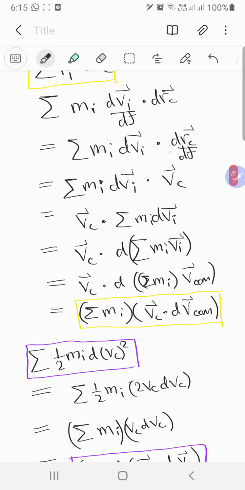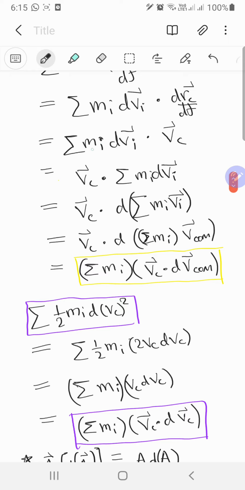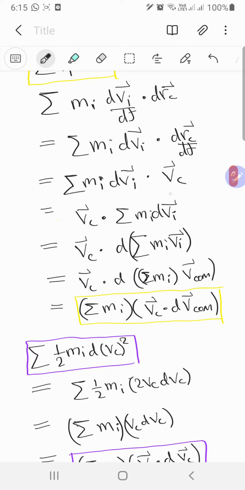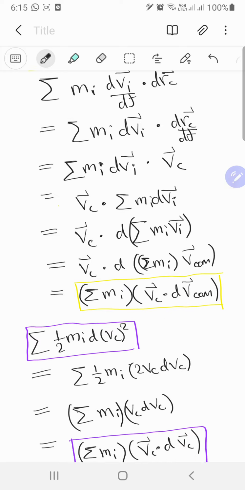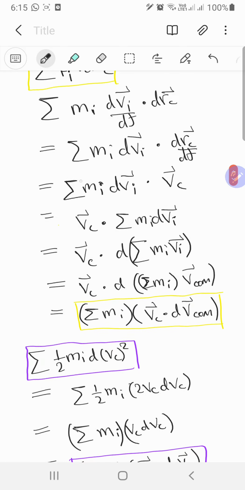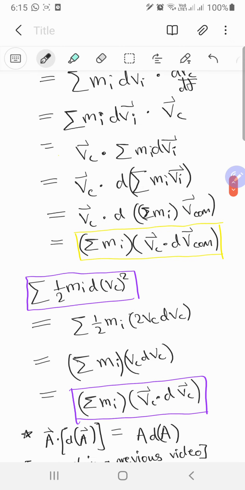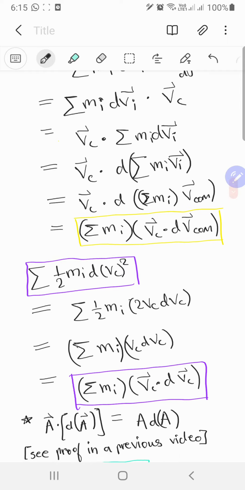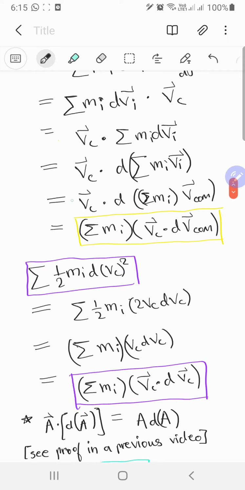And then using this definition, we can write it as the summation of mi dvi bar dot vc bar, and since vc bar is a constant for this particular summation, we can take it out. So this is going to be vc bar dot summation of mi dvi bar.